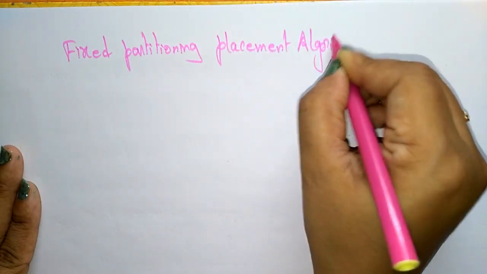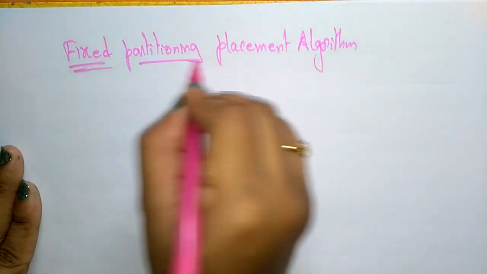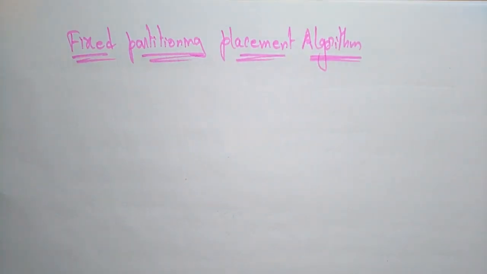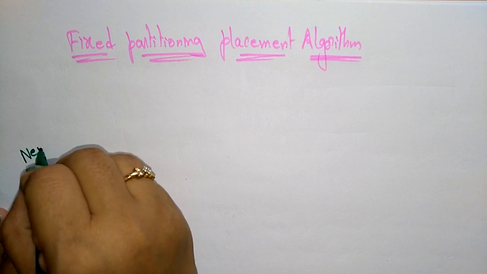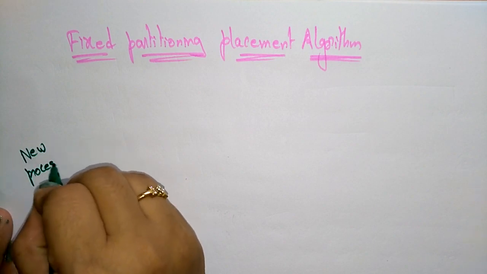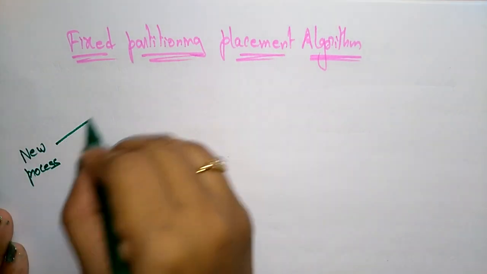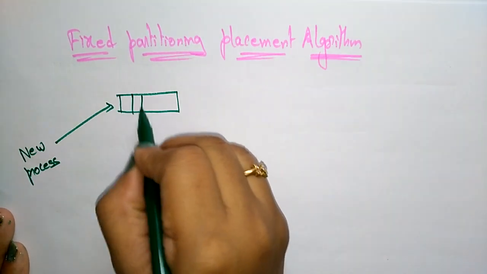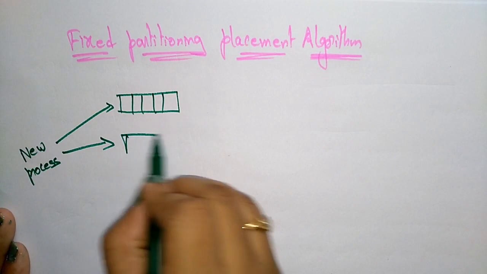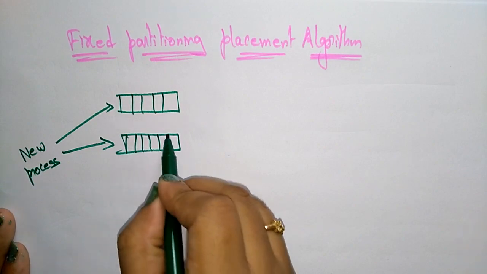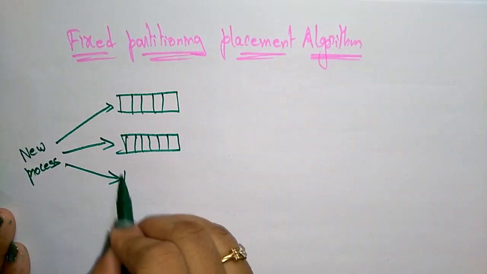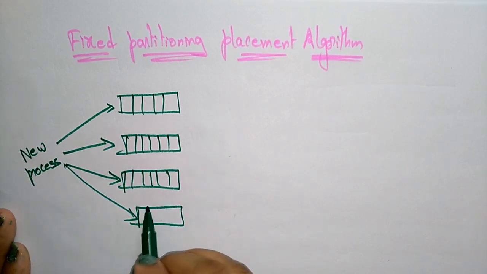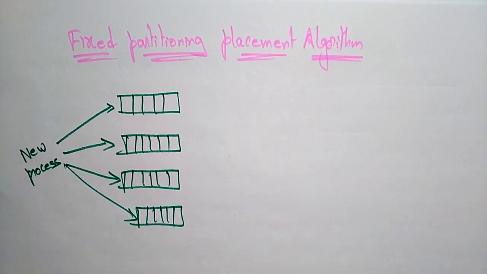Suppose we take a new process, which is divided into multiple queues, meaning the data is arranged in queues.